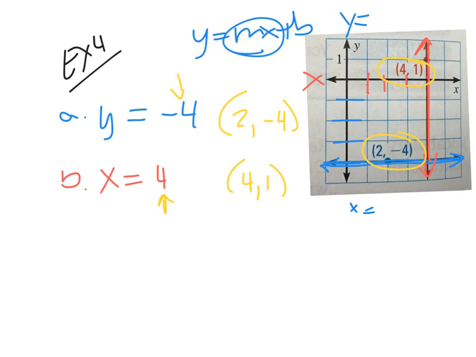Okay, you understand how to write equations for horizontal or vertical lines now? Sorry, I got something in my eye. All right, let's look at example 4.